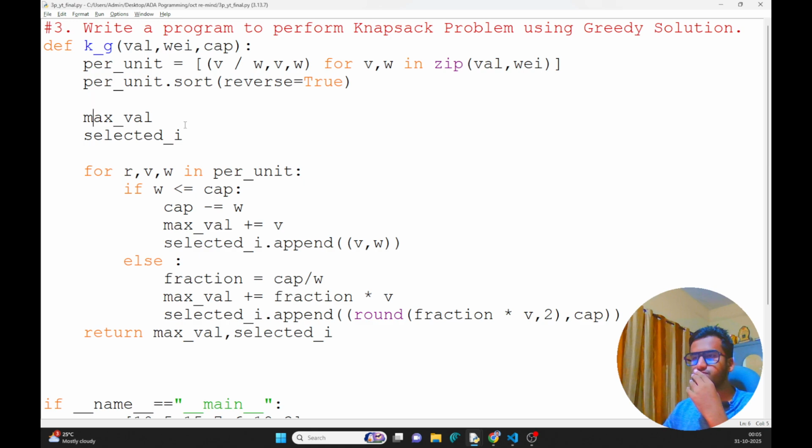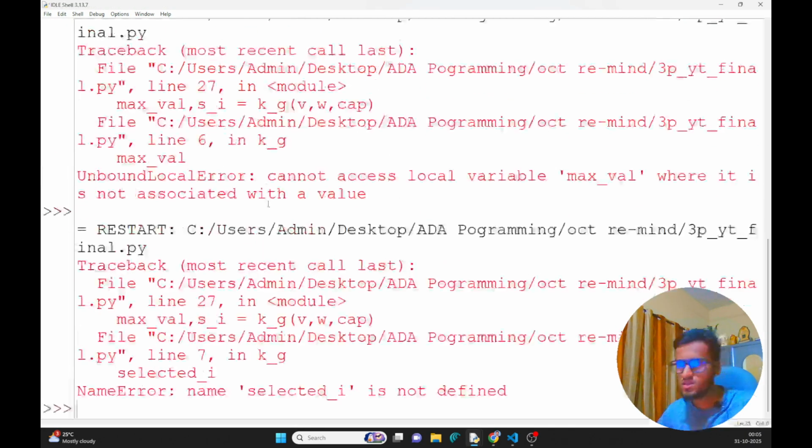Yeah, we have written the variable, but we are not assigning it. We should assign something, so the initial value will be 0. If I don't write this also, let's see what the error will be. Yeah, see, we got the error.